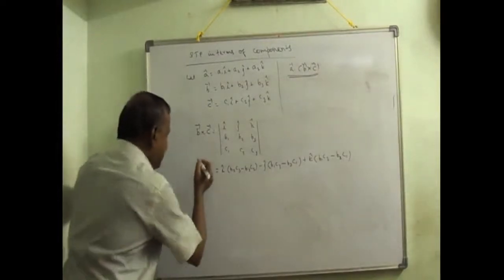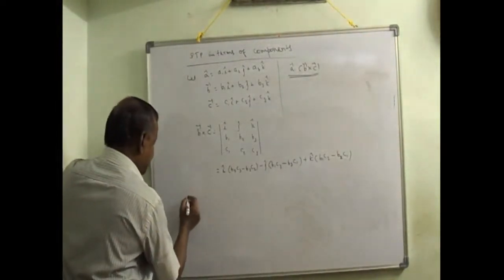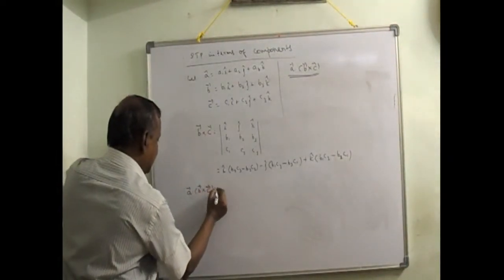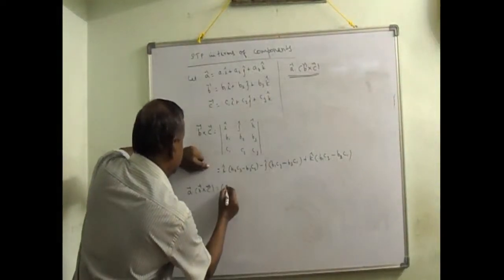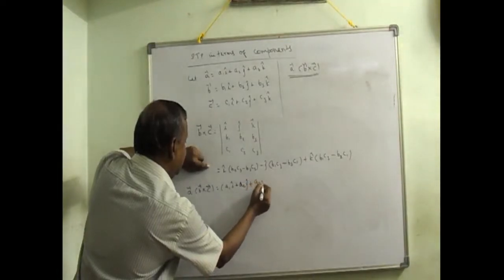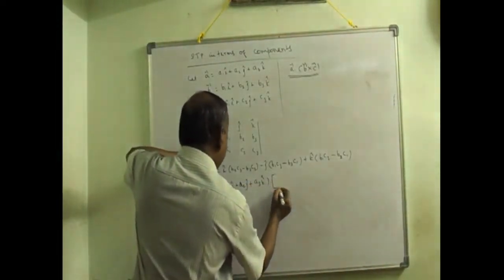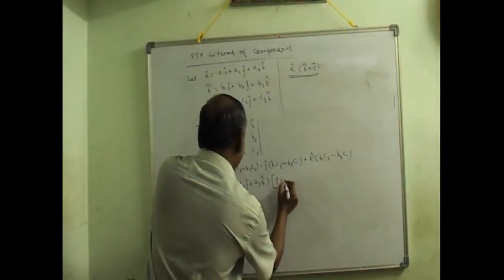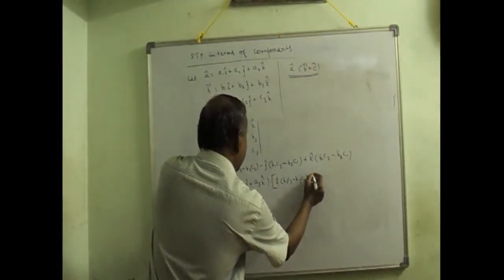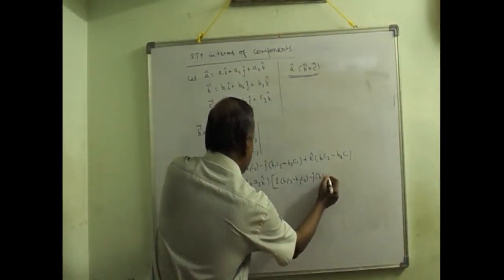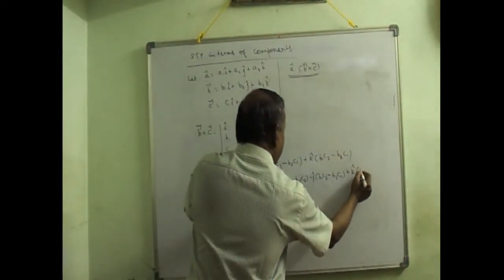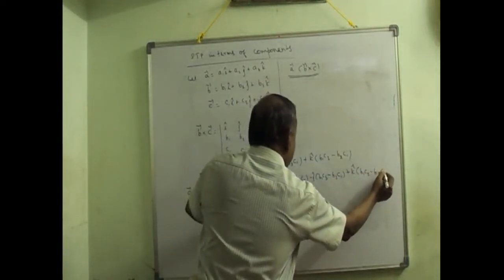Now take the dot product between A vector and B vector cross C vector. A vector dot B vector cross C vector is equal to A1 i cap plus A2 j cap plus A3 k cap dot i cap into B2 C3 minus B3 C2, minus j cap into B1 C3 minus B3 C1, plus k cap into B1 C2 minus B2 C1.